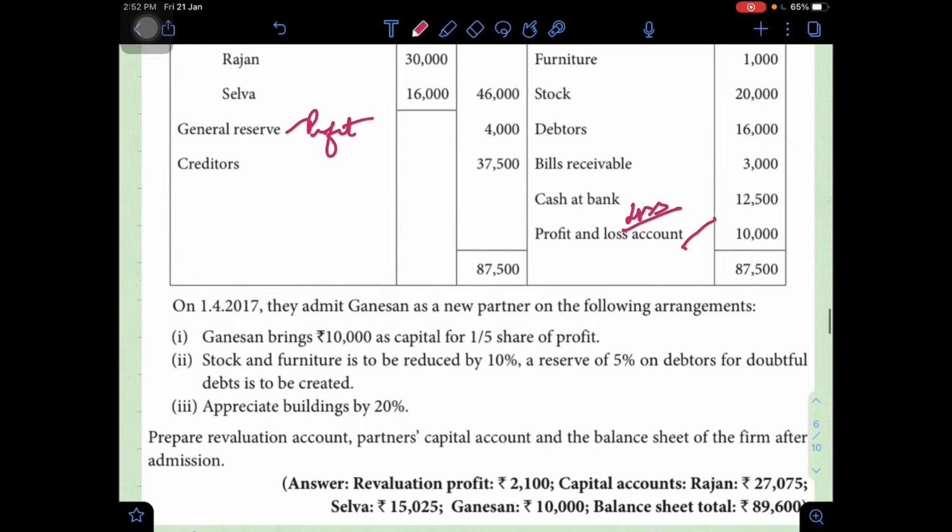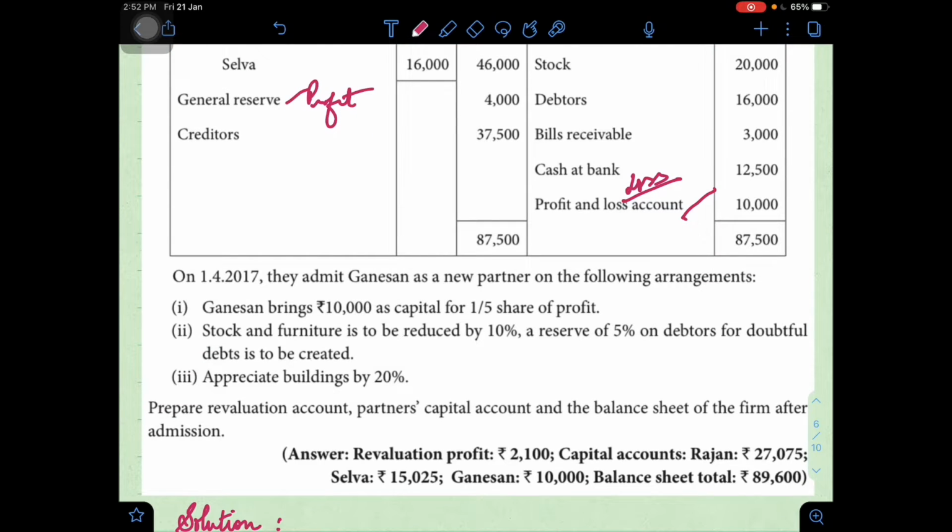In continuation, on 1st April 2017, they admit Ganeshan as a new partner on the following arrangements. Ganeshan brings rupees 10,000 as capital for 1/5 share of profit. So there is one capital introduced by the new partner. And then stock and furniture are to be reduced by 10%.